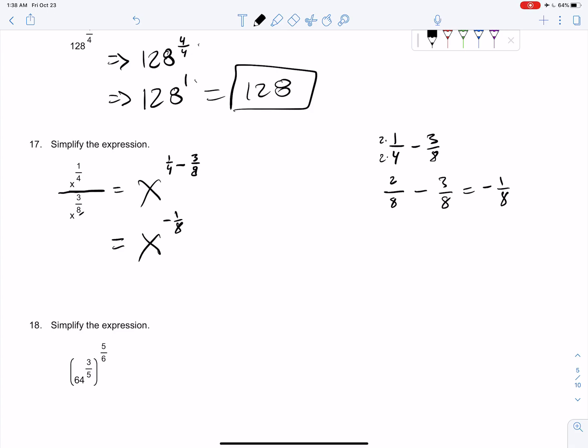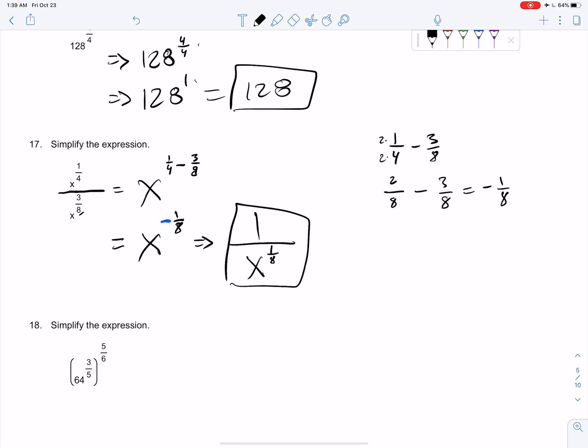And by the way, in this class, in any other math class from here on out, and even the previous one, we do not like to write final answers with negative exponents. There's a negative exponent. We need to get rid of it. And how do we legally get rid of it? Write it as 1 over x to the positive 1/8.